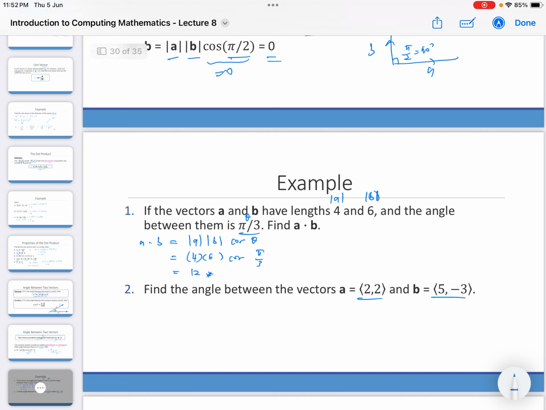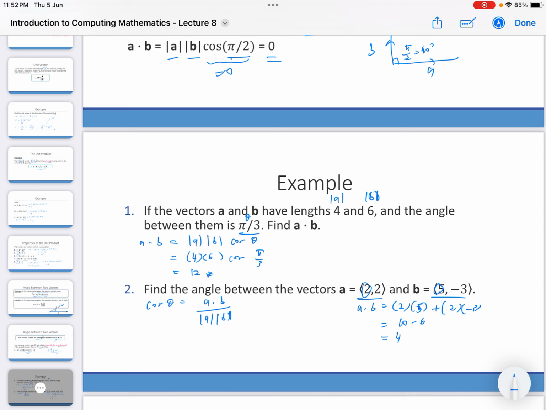We can use the formula cos theta equals A dot B divided by magnitude of A times magnitude of B. So first we find A dot B, and then we can find the magnitude of A and magnitude of B. A dot B equals 2 times 5, plus 2 times negative 3. So we get 10 minus 6, which equals 4.